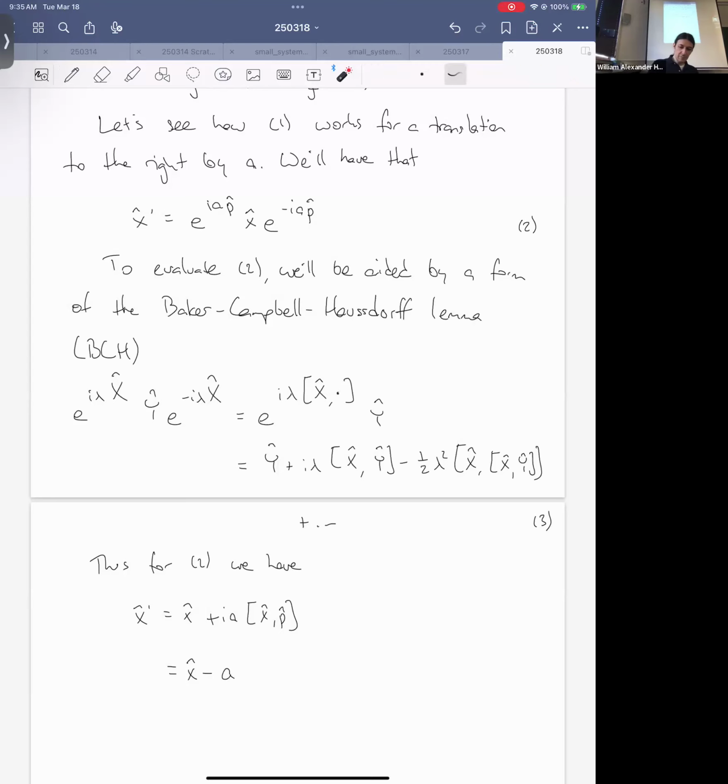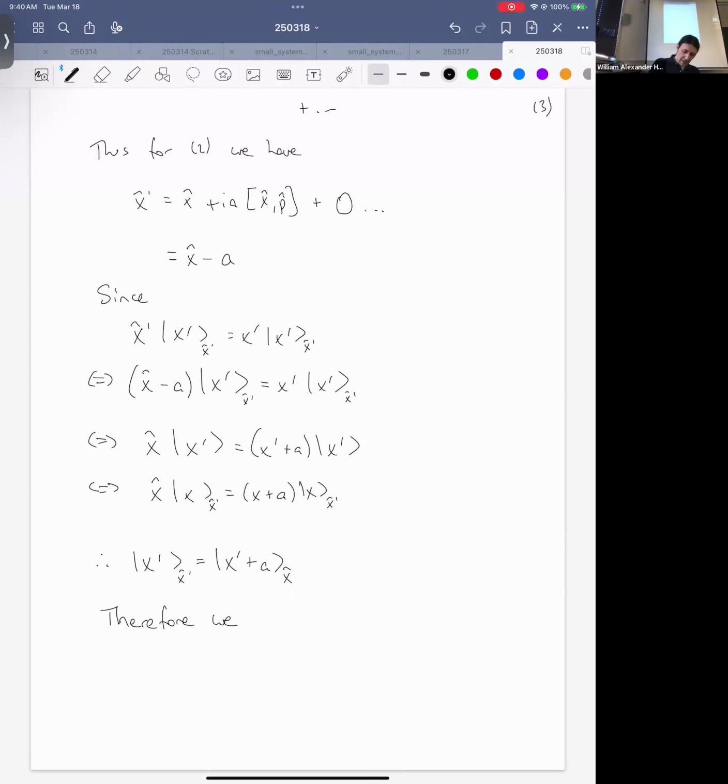And then what's going to happen with the second order term? It's going to be 0, right? Because it'll be the commutator of momentum with just 1. And all the other higher order terms are 0. All right, great. So this is already looking very promising and very familiar. Therefore, we have that.